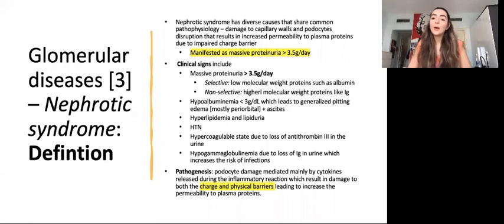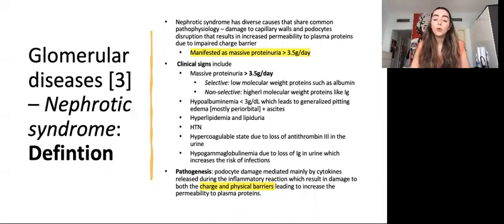So now we go to one of the two main types of glomerular diseases classification, nephrotic syndrome. The other one is going to be called nephritic syndrome, which we will go through later. Now, nephrotic syndrome has many diverse causes and they share a common pathophysiology. You have damage to the capillary wall and the podocytes get disrupted, and this results in increased permeability to plasma proteins due to the impaired charge barrier.